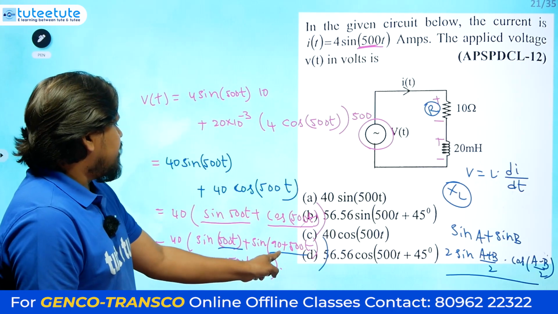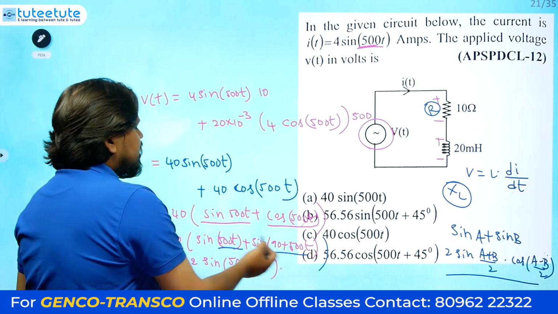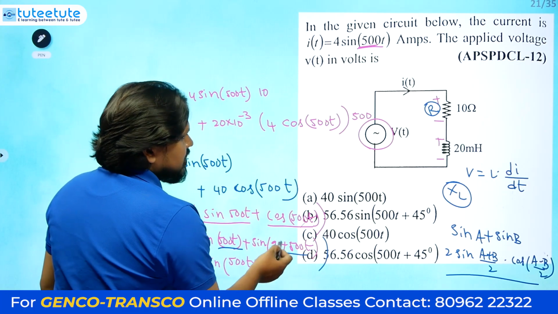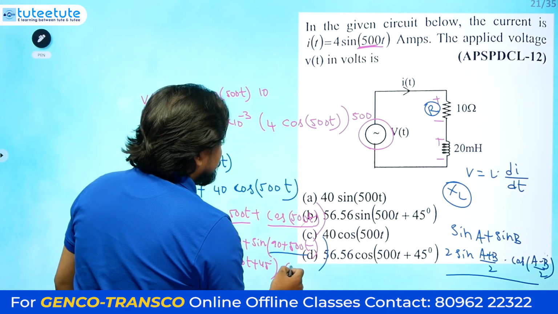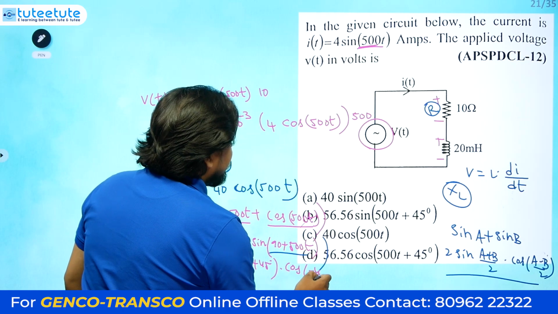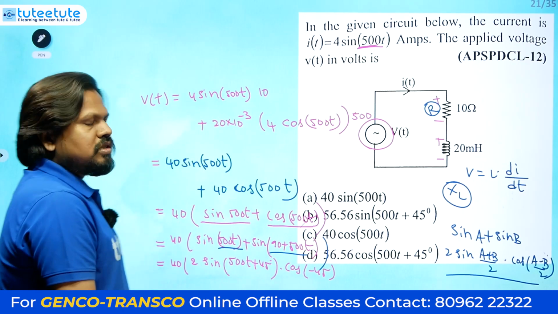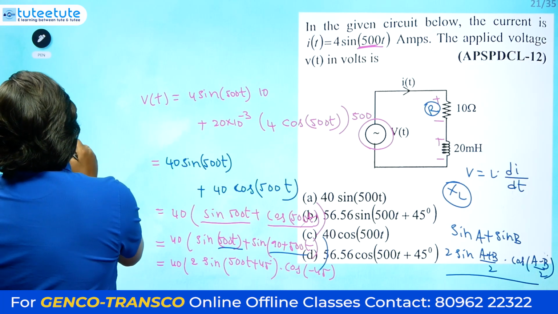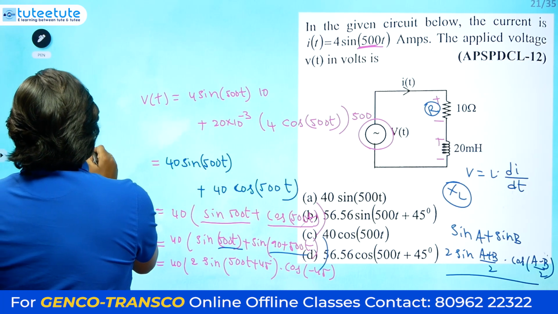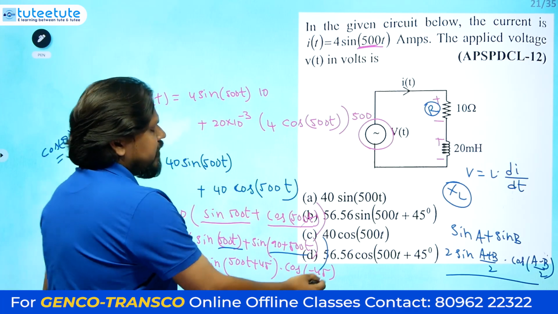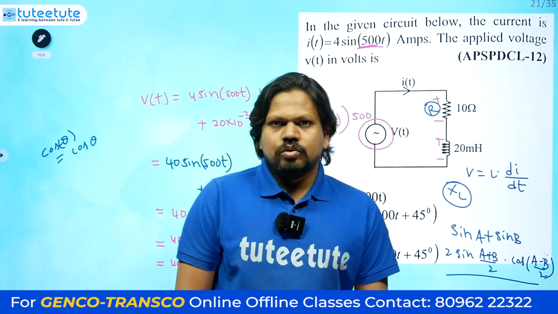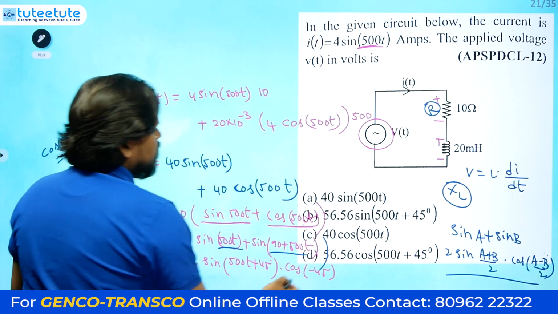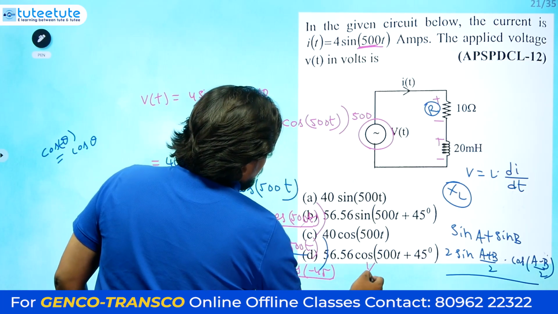Then 500t will be cancelled, leaving minus 90. Cos minus 90 divided by 2 means cos minus 45. Cos minus theta equals cos theta, so cos 45 degree is nothing but 1 by root 2. The value of cos 45 is 1 by root 2.